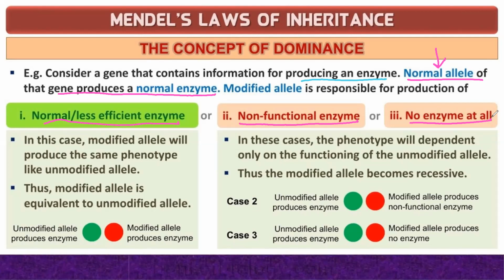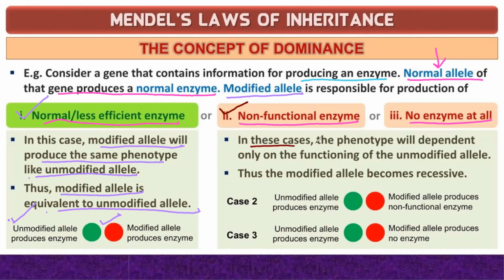In the first one, normal or less efficient enzyme, if the modified gene is producing this normal or less efficient enzyme, then in this case, modified allele will produce the same phenotype like unmodified allele. Thus, modified allele is equivalent to unmodified allele. So, there won't be any further change in it. In second case, non-functional enzyme or no enzyme at all.